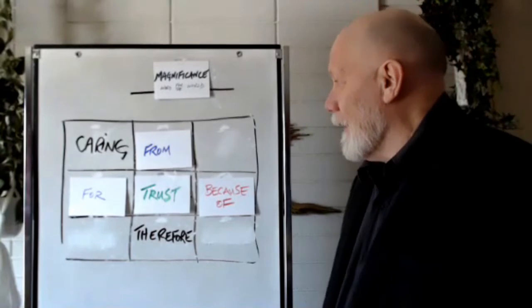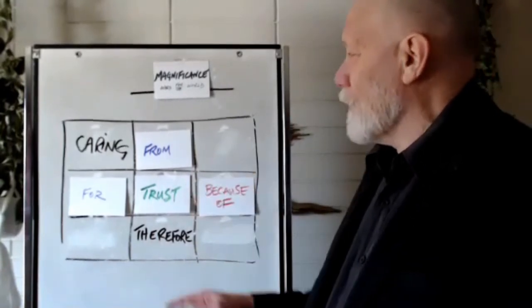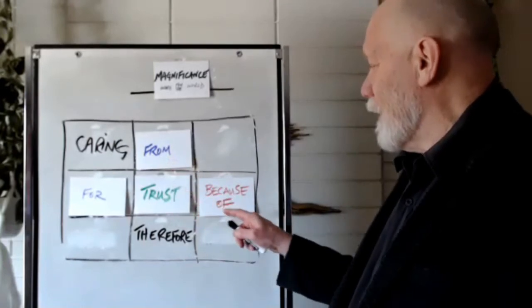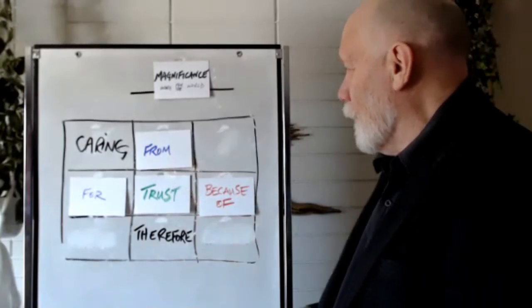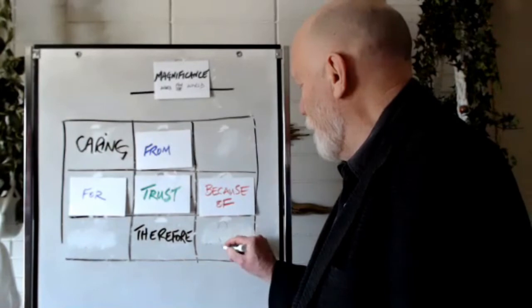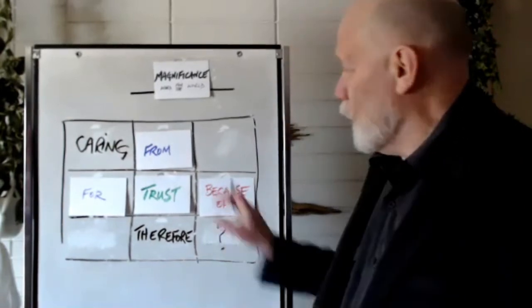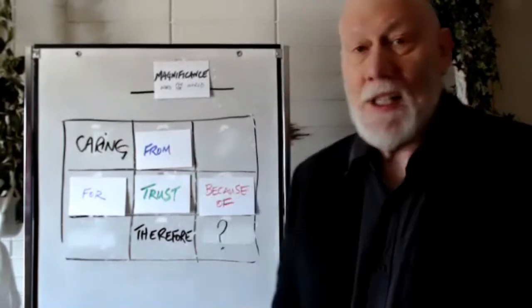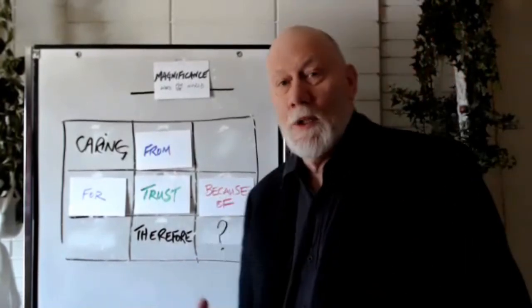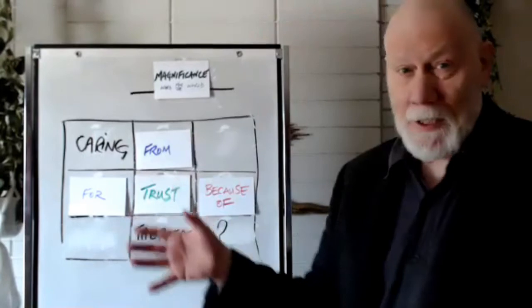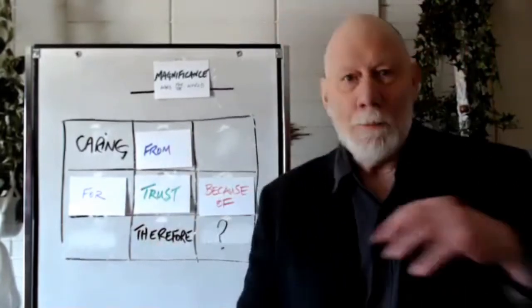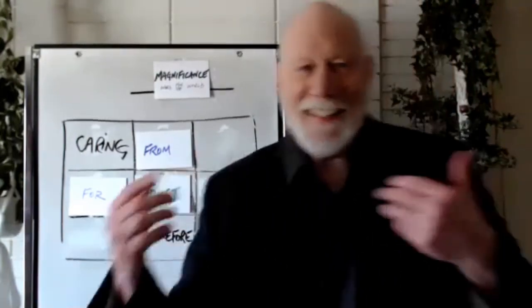And so this notion of caring from trust, caring for trust, right? Caring from trust because of whatever this word might be. And again, you can play with different combinations to see what it sparks for you. This one in particular, because I'm using language that is bridging verbs and nouns.